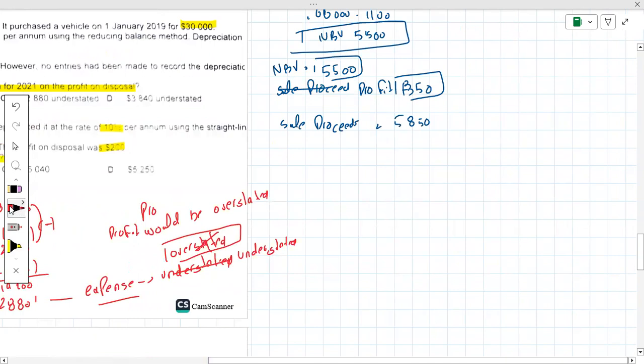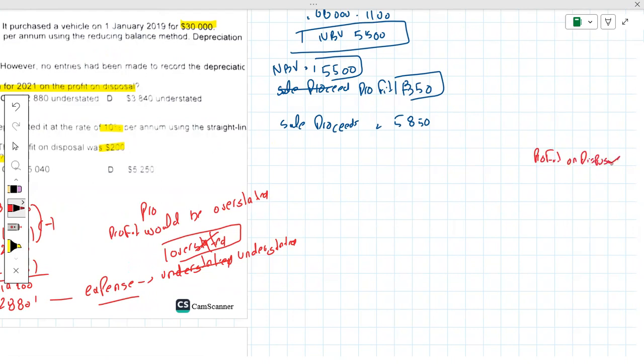So again, this is very easy. If I just try to find out its cost, we can use a formula, which is profit on disposal is equal to book value of asset minus sale value, sales proceeds.